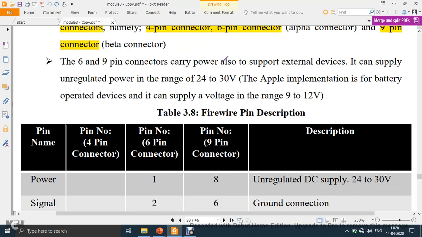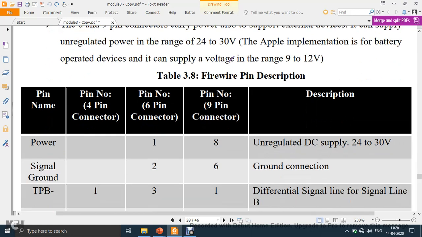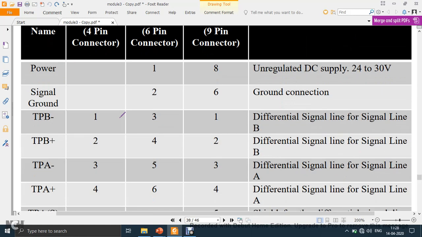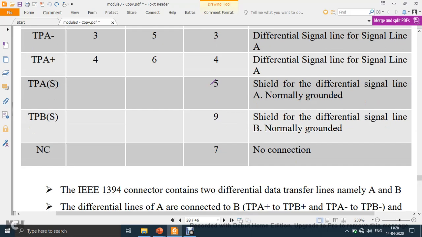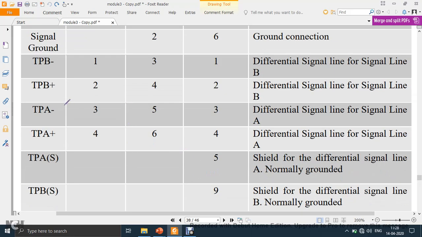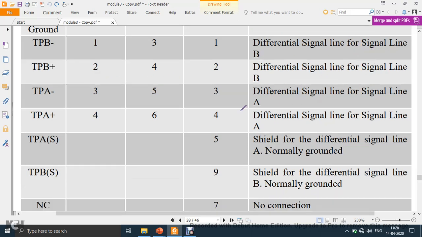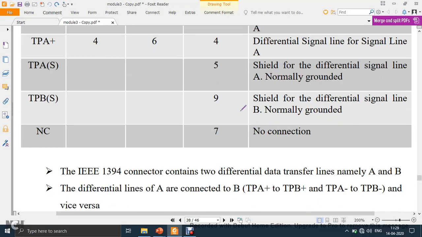Similarly, 6-pin, so the connector is called 6-pin. So these are the pins for 4-pin, 6-pin, and 9-pin connectors. Just remember the names. That's all. So there are differential signal lines, and multiple signal lines here.